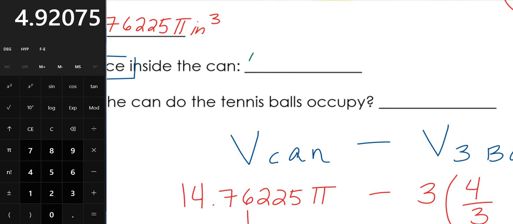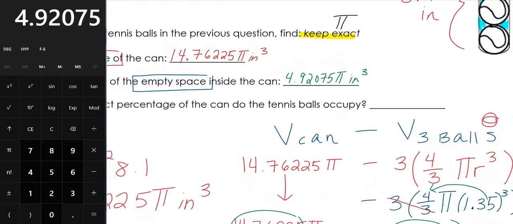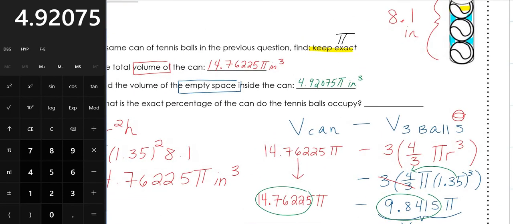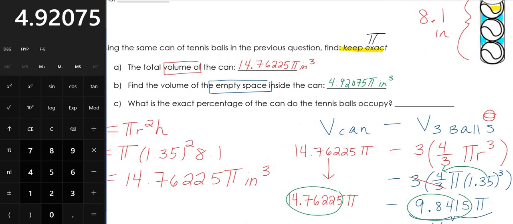So now I have 4.92075 pi inches cubed of empty space after I remove the 3 tennis balls volume. Last question here. What is the exact percentage of the can that the tennis balls occupy?